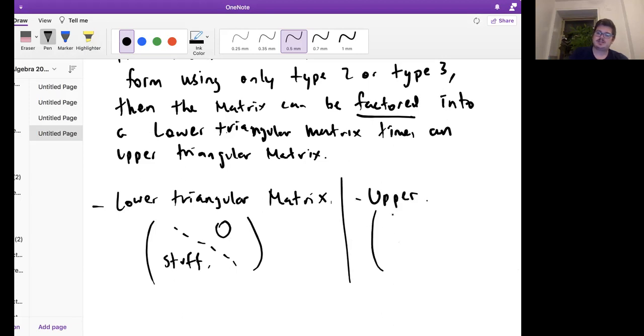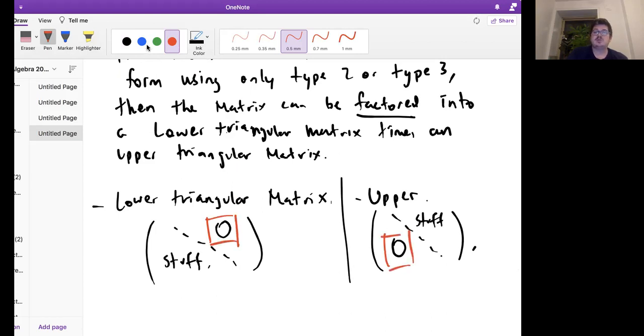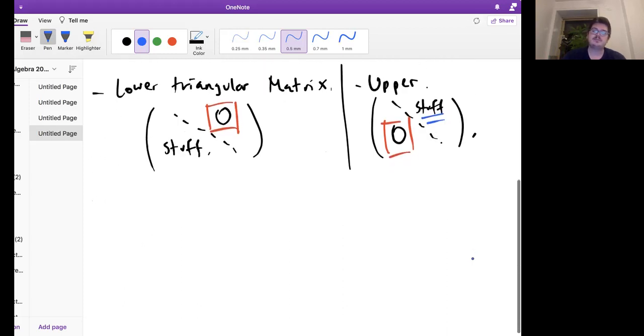Upper is 0 in the lower part and stuff in the upper part. So the defining characteristic is the zeros. Some of this stuff could be zeros and it would still be upper triangular. It's precisely where the zeros are placed.